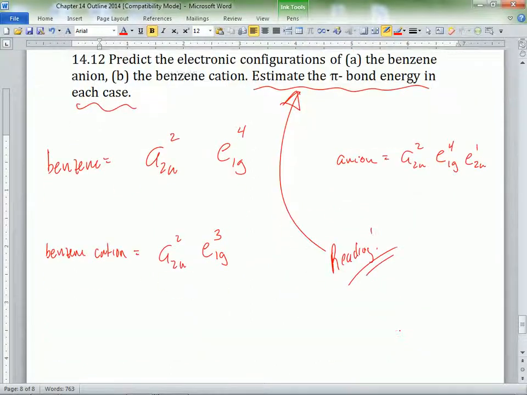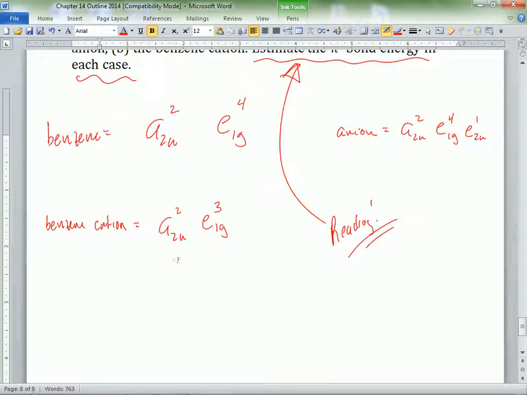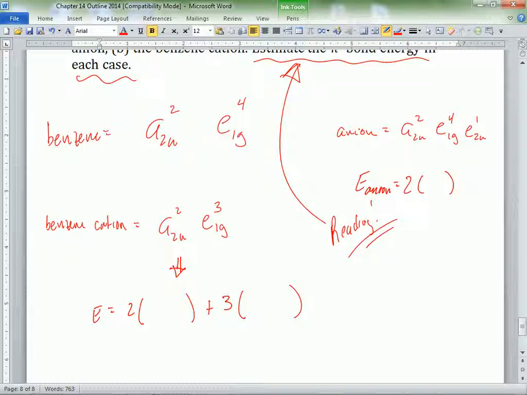All right, for the cation, that energy would be 2 times its energy for that orbital plus 3 times its energy for its orbital. The anion, again, 2 times its energy plus 4 times its energy plus 1 times its energy.